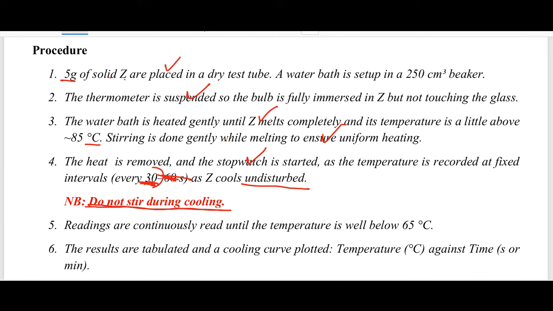During cooling, we leave it to cool on its own, recorded every 30 seconds. Readings are continuously taken until the temperature is well below 65 degrees Celsius. Then the results are tabulated and the cooling curve plotted, temperature in degrees Celsius against time in seconds or minutes.